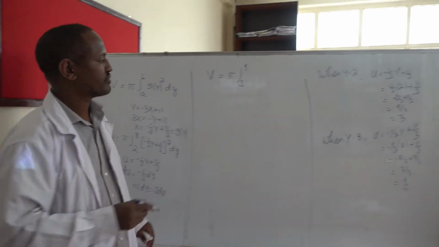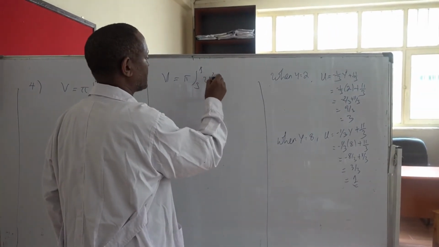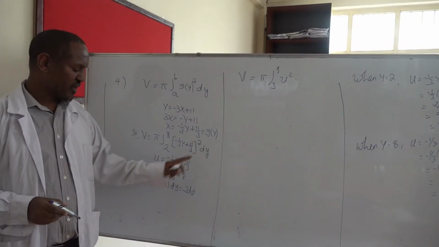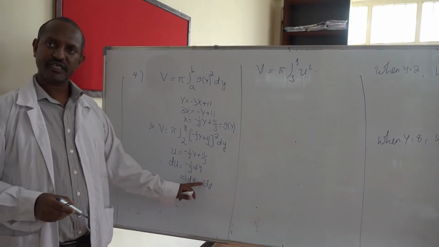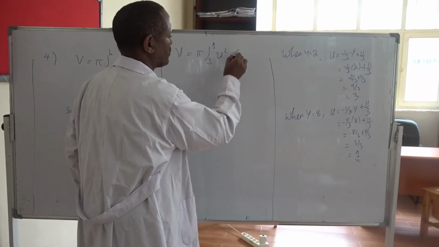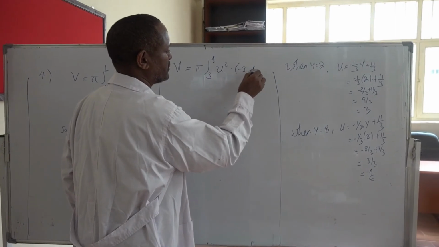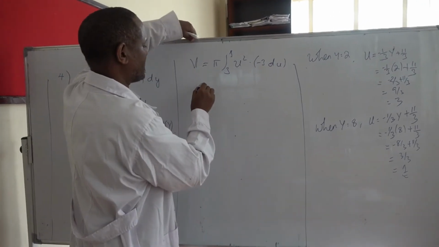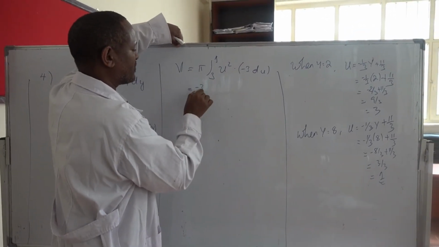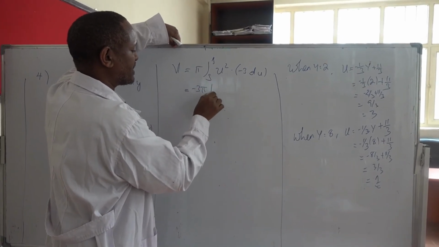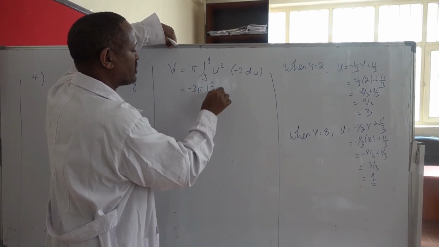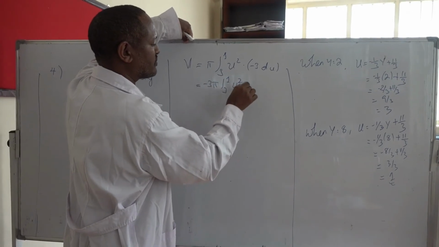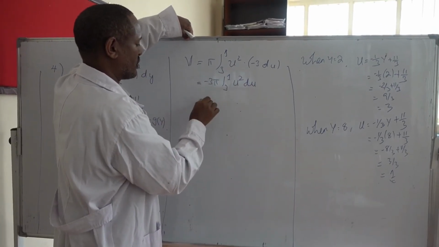So u square, times dy. dy is negative 3 du. Now let us take negative 3 out, so you'll have negative 3 pi integral from 3 to 1 of u square du.